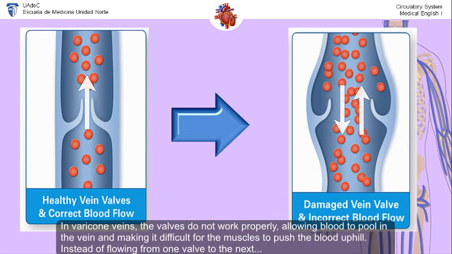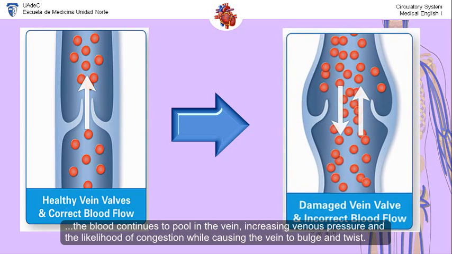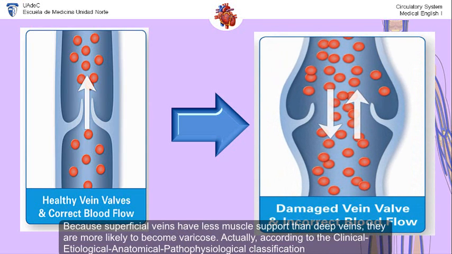Instead of flowing from one valve to the next, the blood continues to pool in the vein, increasing venous pressure and the likelihood of congestion, while causing the vein to bulge and twist. Because superficial veins have less muscle supporting them than deep veins, they are more likely to become varicose.